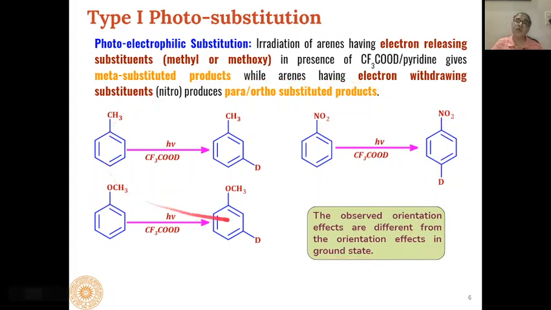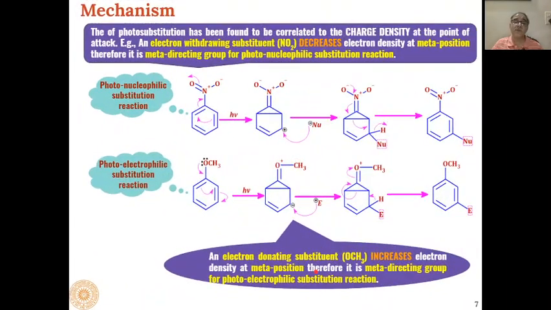So in all these photochemical reactions, the ground state products are different as compared to the photo products or excited state products. Now, why is there a difference in formation of products in case of excited state and ground state?